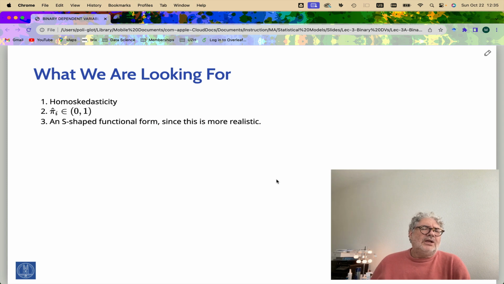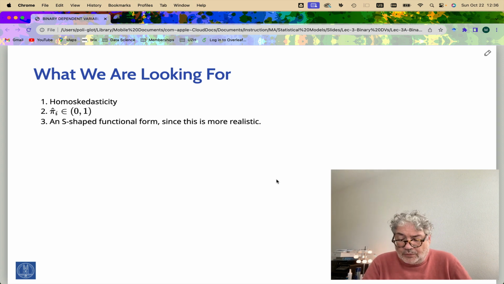So we want to actually do something about this linear probability model, and we want to get an alternative that is homoscedastic, that has predicted probabilities that are always between 0 and 1. Technically, as we will see in a moment, 0 or 1 is not really included.